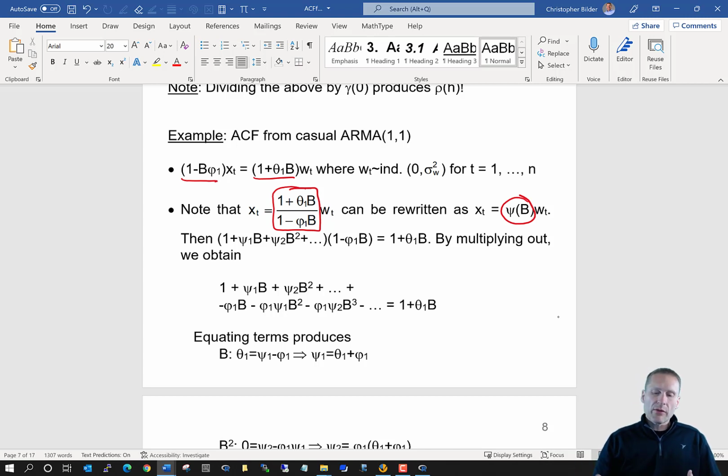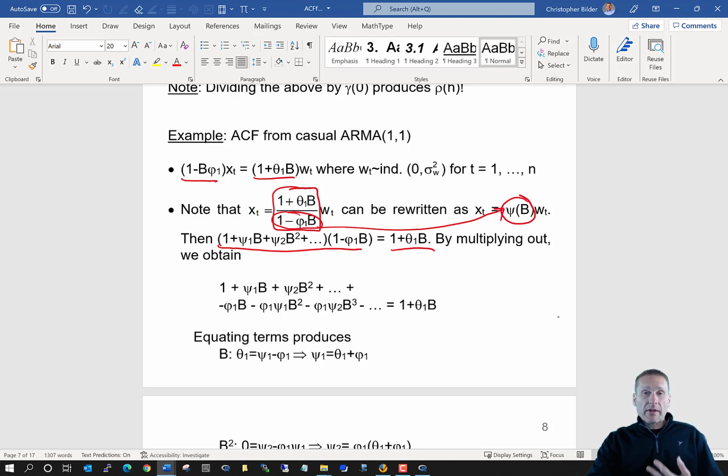And so when I set these equal to one another, what does this mean for us? Well, then I can take this 1 minus phi 1 times b, multiply it by psi of b, and look what I get here. I get this equality.